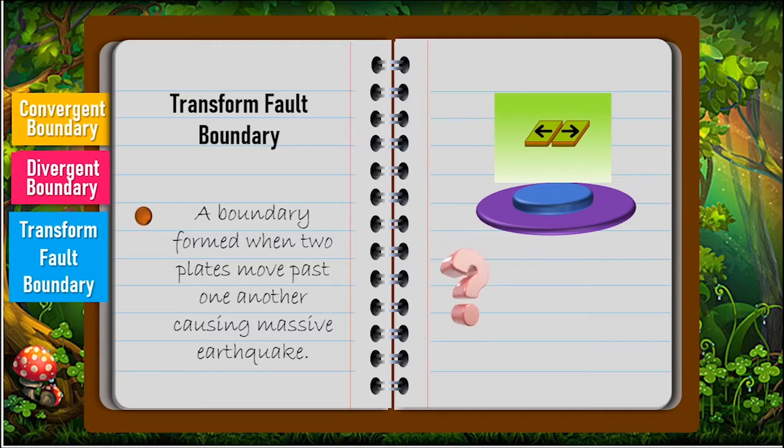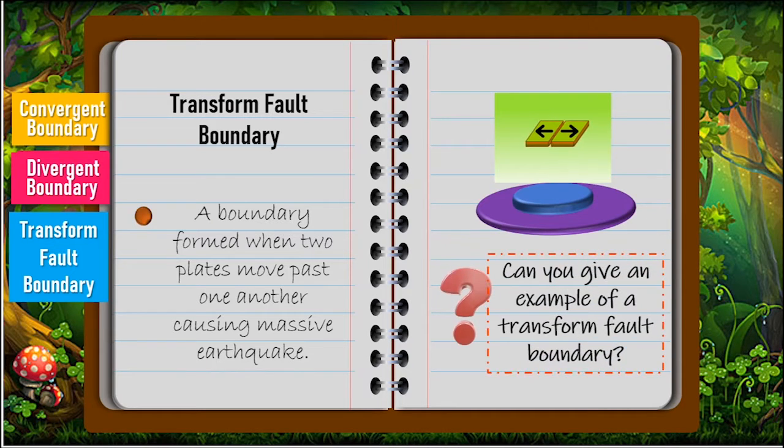So could you give me or do you know any example of transform fault boundary? Very good. That is actually one of the most prominent examples of the transform fault boundary, the San Andreas Fault. San Andreas Fault extends actually 1,200 kilometers through California, and it could release a high amount of energy that could create massive and truly destructive earthquakes.